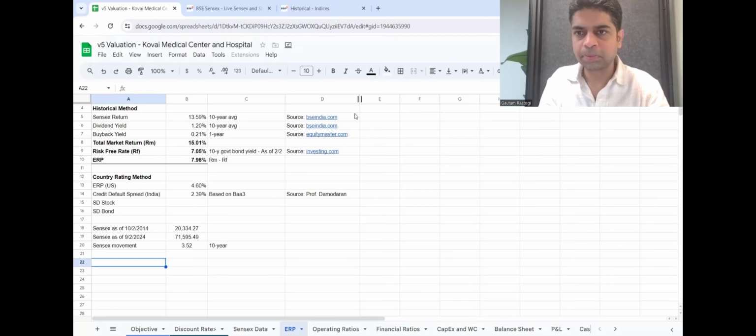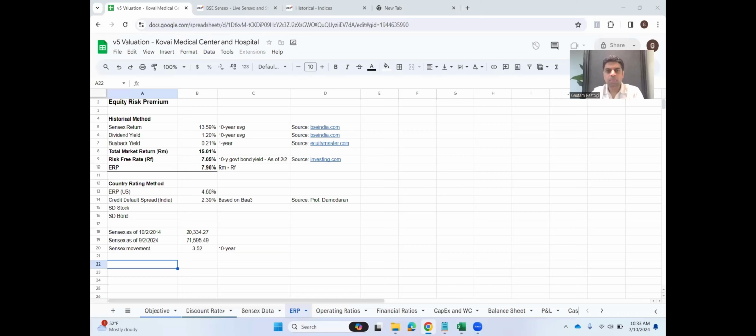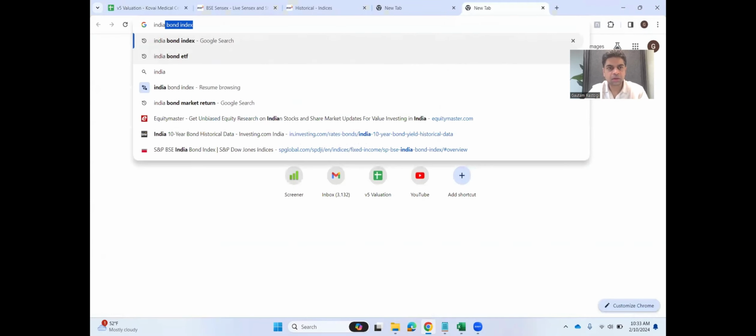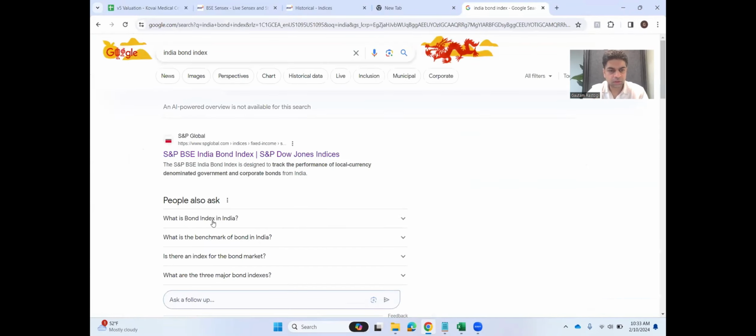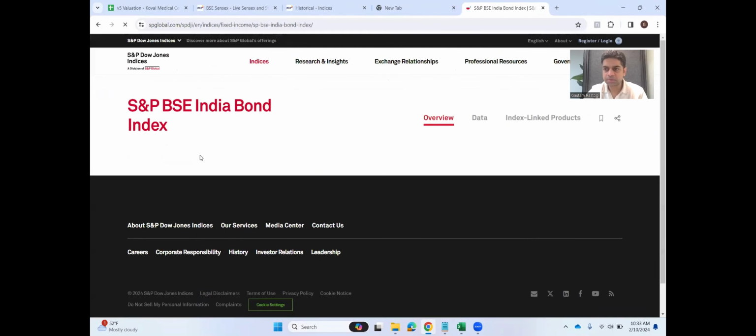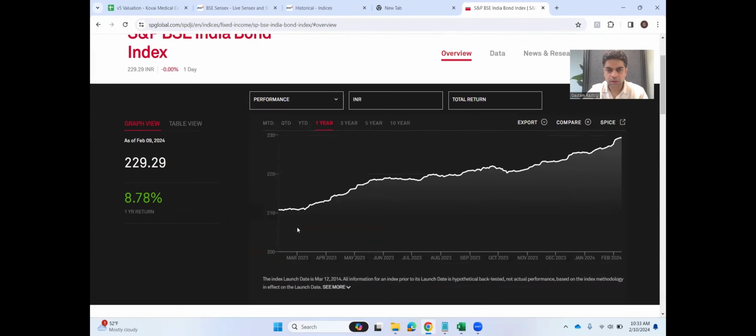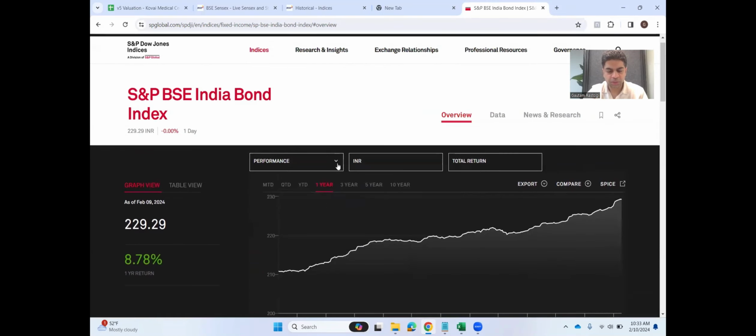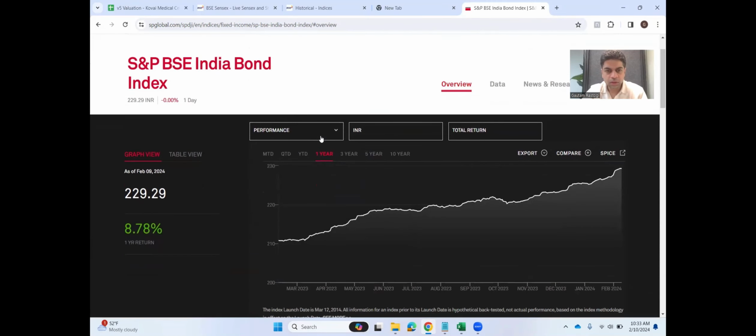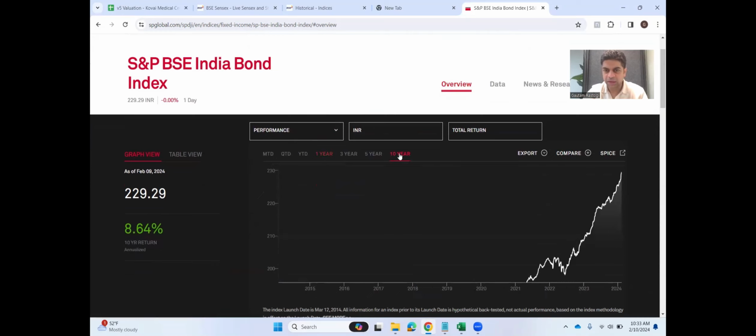Let's do it. Let me open up a new browser and type India bond index. Go to S&P BSE India bond index. Here, this chart opens up. Select 10 years.